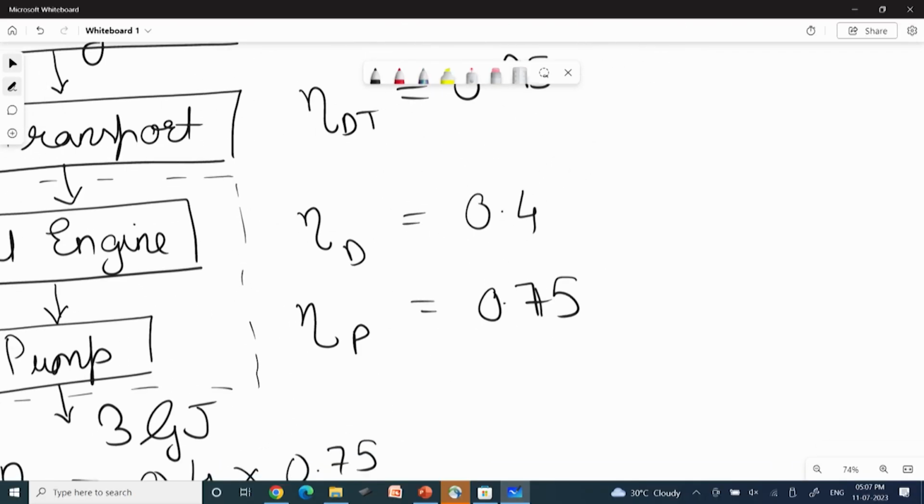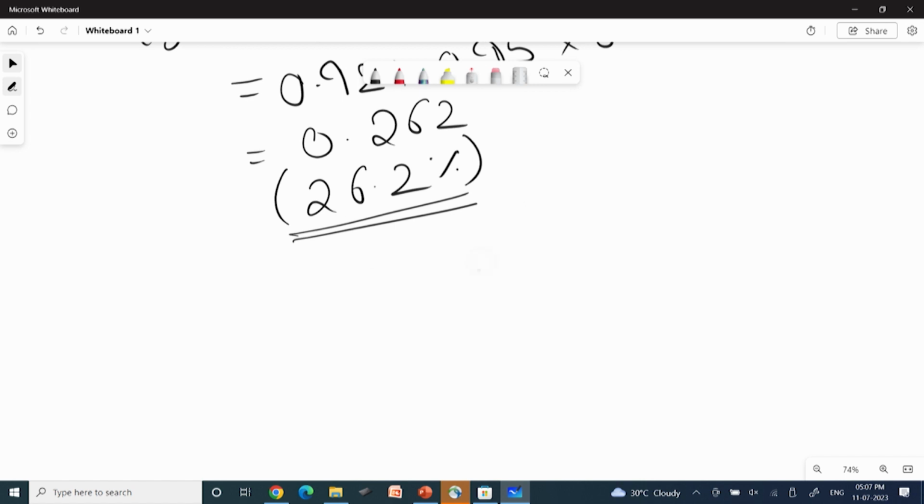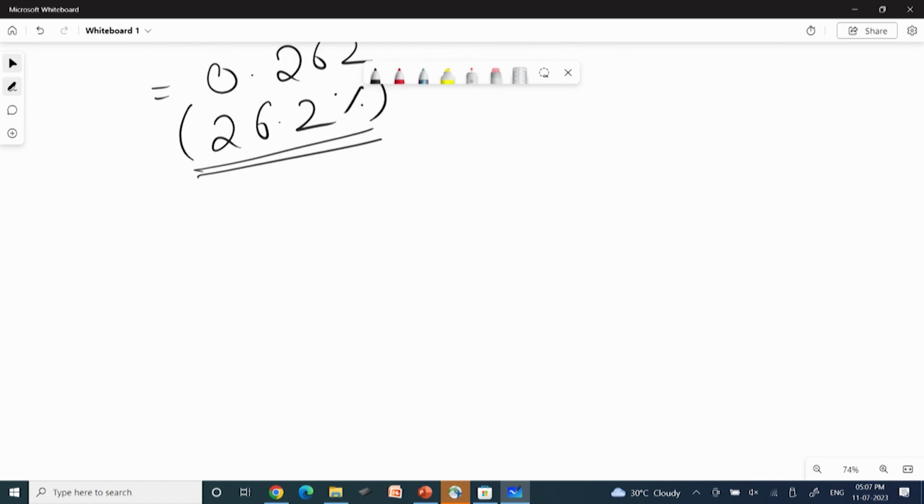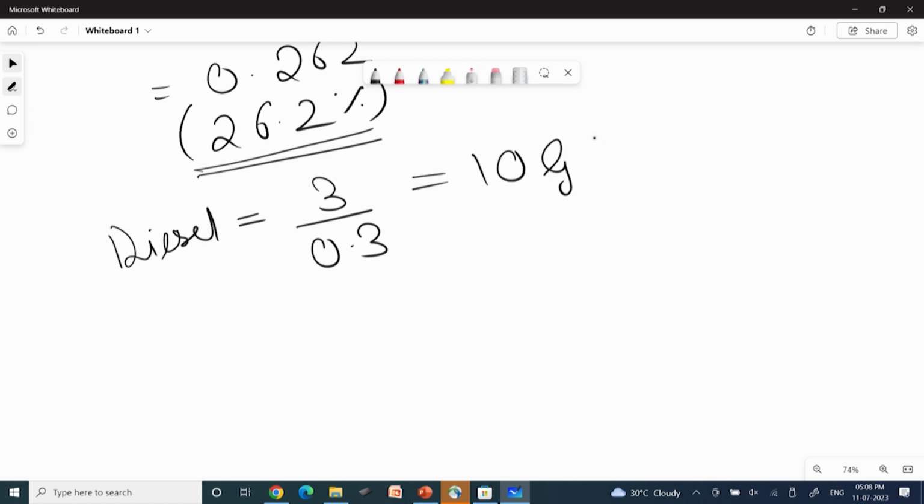Compare that with the next case, which was the diesel energy. Again, in this case I have an efficiency of around 26.2%, and I look at the amount of diesel that would be required, so I am not going towards the coal or the crude, but the diesel. For the diesel, the efficiency would be 0.3, like 3 divided by 0.3, that is the efficiency our farmer saw, and the amount of energy required in terms of diesel would be 10 gigajoules.